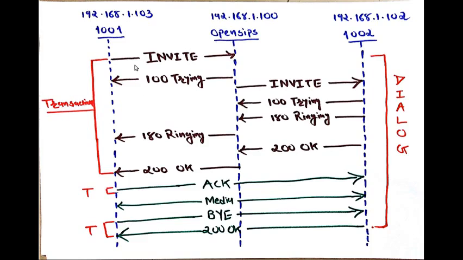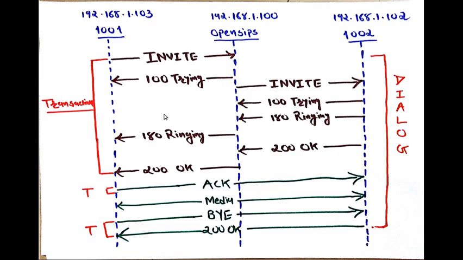One request and the replies for that request constitute one transaction, and the total call flow from this invite to this 200 OK is a dialog. Means a dialog has multiple transactions, correct?